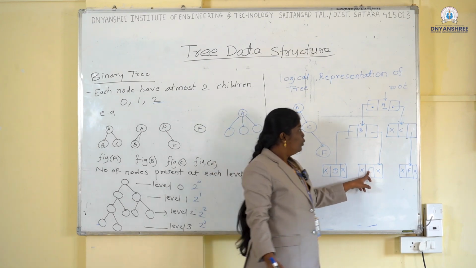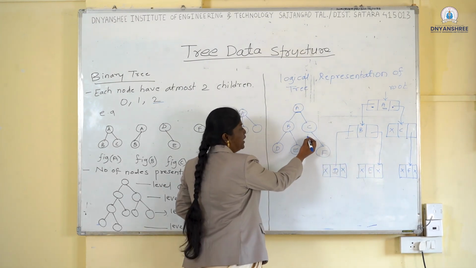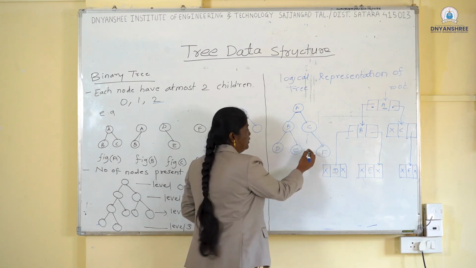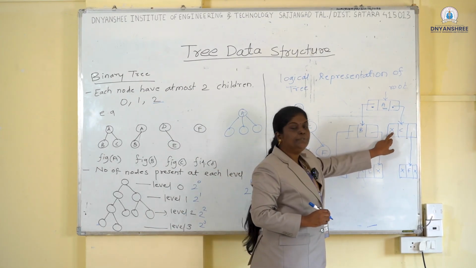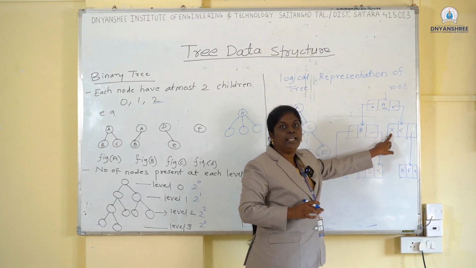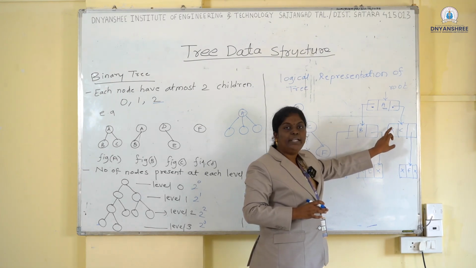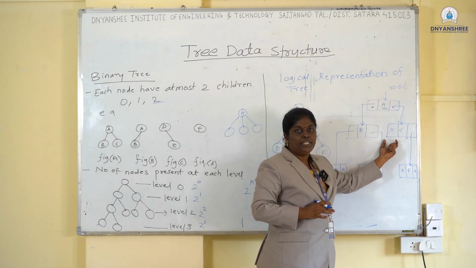Fine. Now here we can consider C is not having any left child, so this child is absent here. How can we represent the left child field of node C? We enter null there. It indicates that node C doesn't have any left child.